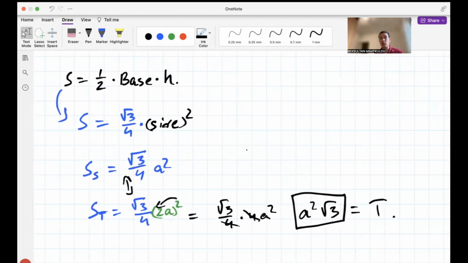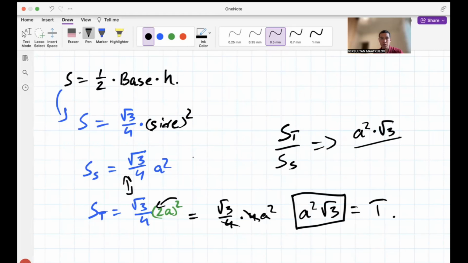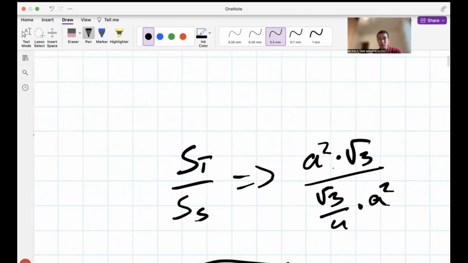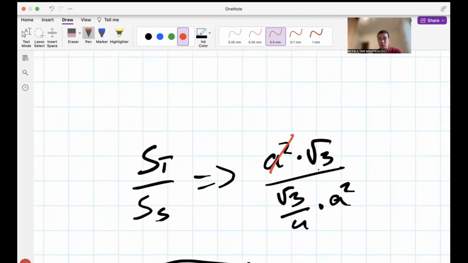In order to find the ratio, you have to divide the area of T by the area of S. So the area of T is a squared multiplied by square root of 3, divided by square root of 3 over 4 multiplied by a squared. You can simplify it. You can cancel out a squared, and the square root of 3.